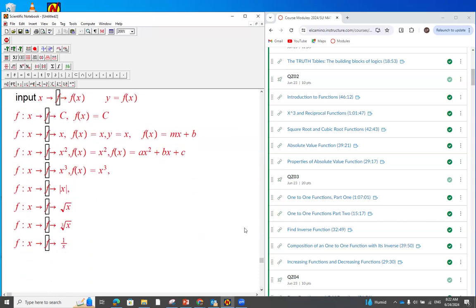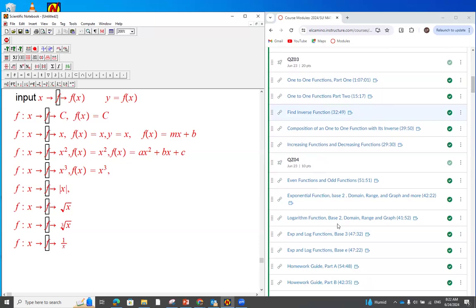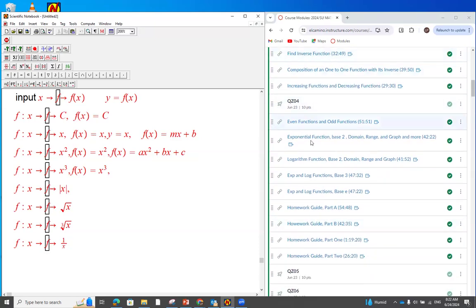Okay. Now, after that, we studied the exponential function and logarithm function. You can see exponential and logarithm functions were studied in pairs with log base 2, base 3, and base e.